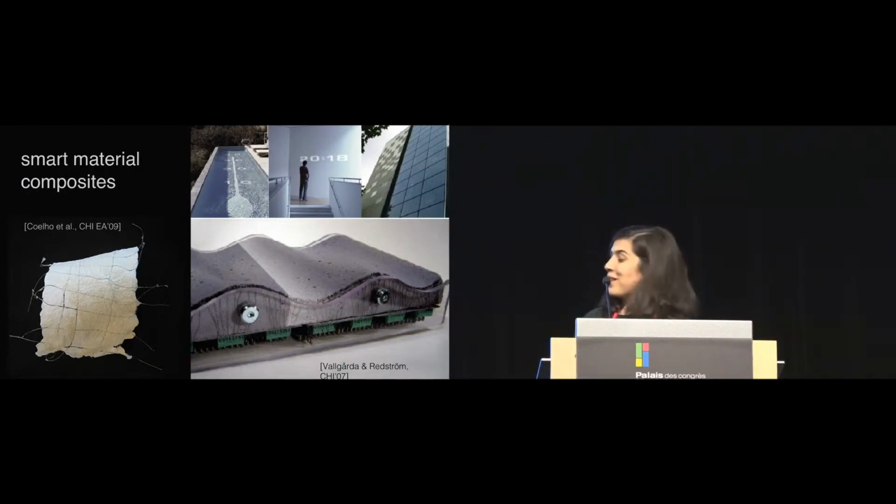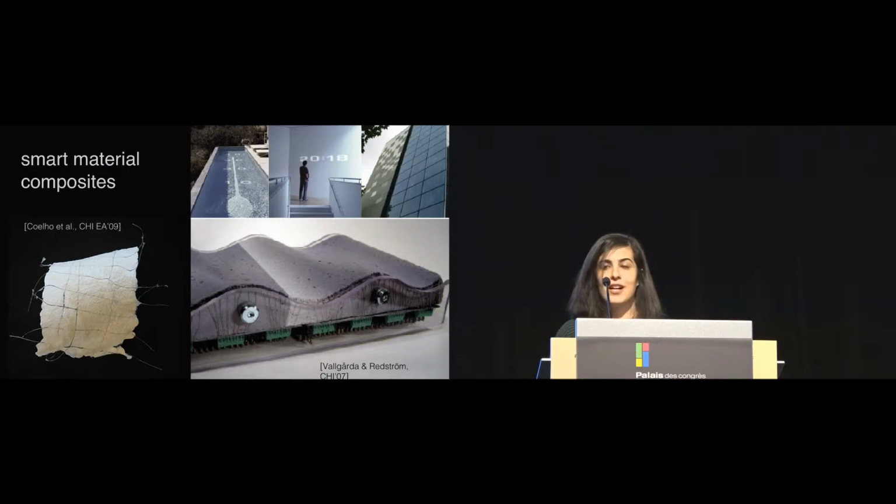Our paper focuses on designing with the smart material composites. Dynamic qualities of smart materials have offered immediate relevance to the HCI research and practice, particularly in transforming the commonplace flat screens and providing granularity between computational devices and material elements, as discussed by Coelho and colleagues, among others.